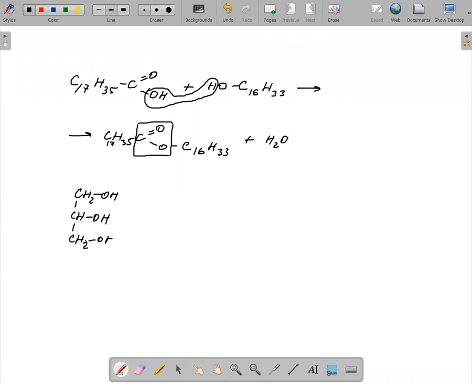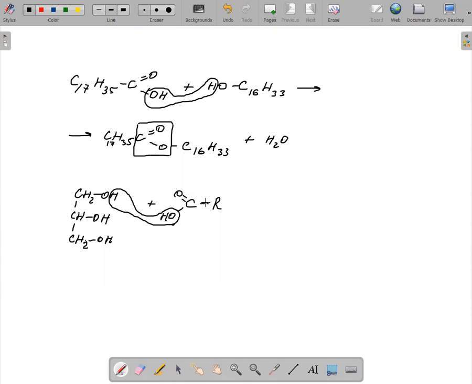And again, if you esterify glycerol with carboxylic acid, I'll write just R here as a symbol of hydrocarbon chain. Again, OH from the acid, hydrogen from an alcohol.